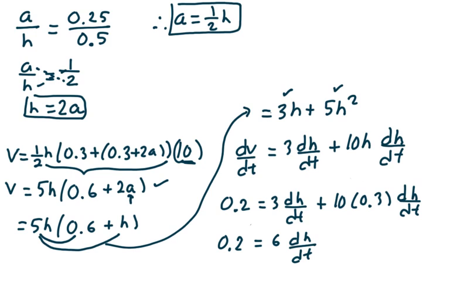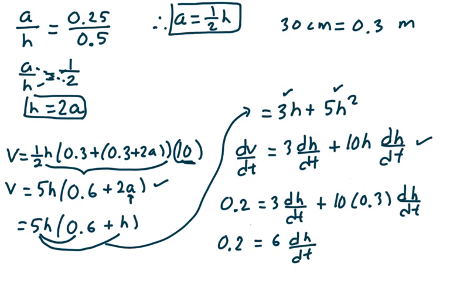Now, dV/dt is 3 dH/dt plus 10h dH/dt. dV/dt is 0.2. We don't know dH/dt, that's what we're looking for. The height is 0.3. Remember, 30 centimeters is the same as 0.3 meters.